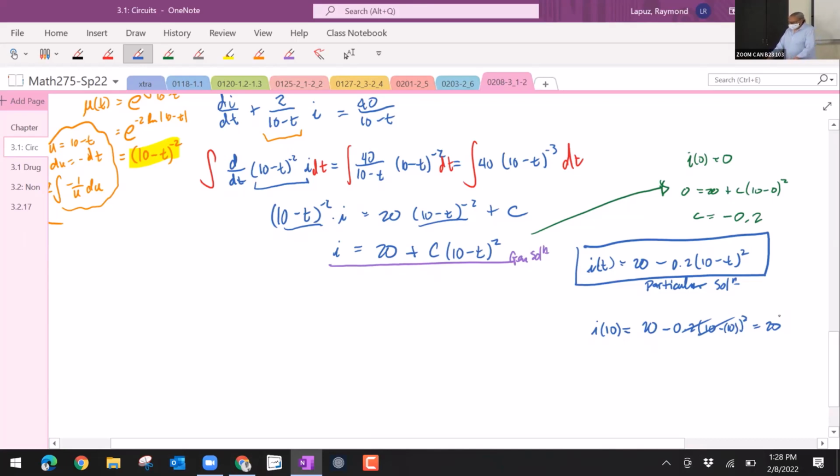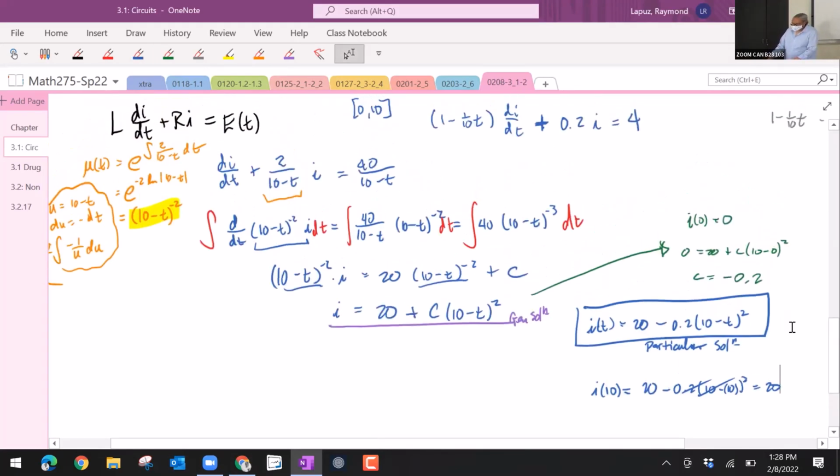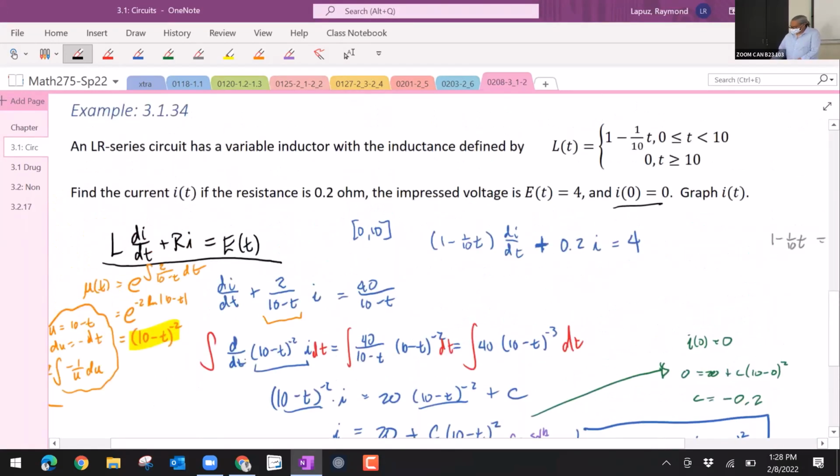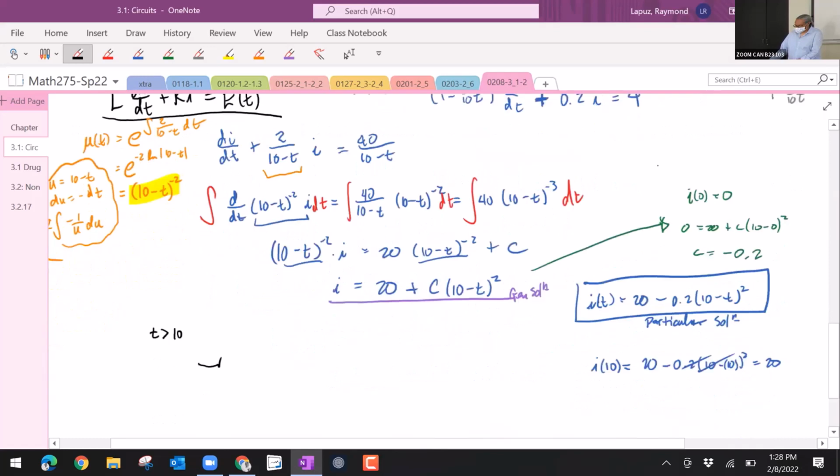Well, let's actually hope that that'll fit in our equation. So let's set up what our equation should look like for t bigger than 10, based on our equation. So what's L equal to? This is your L, and it's 0. When t is bigger than or equal to 10, it's going to be 0.